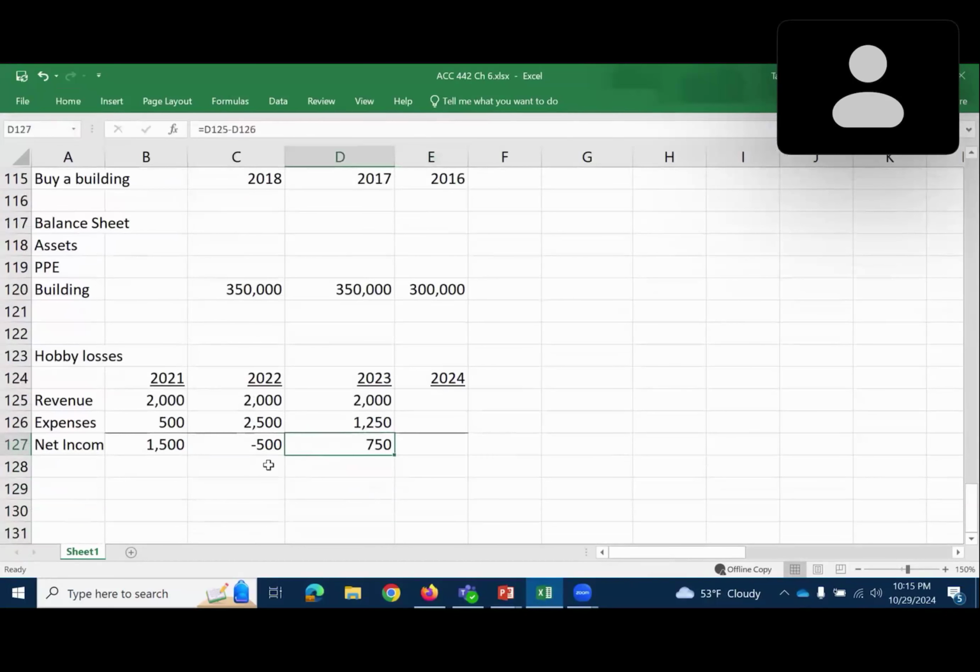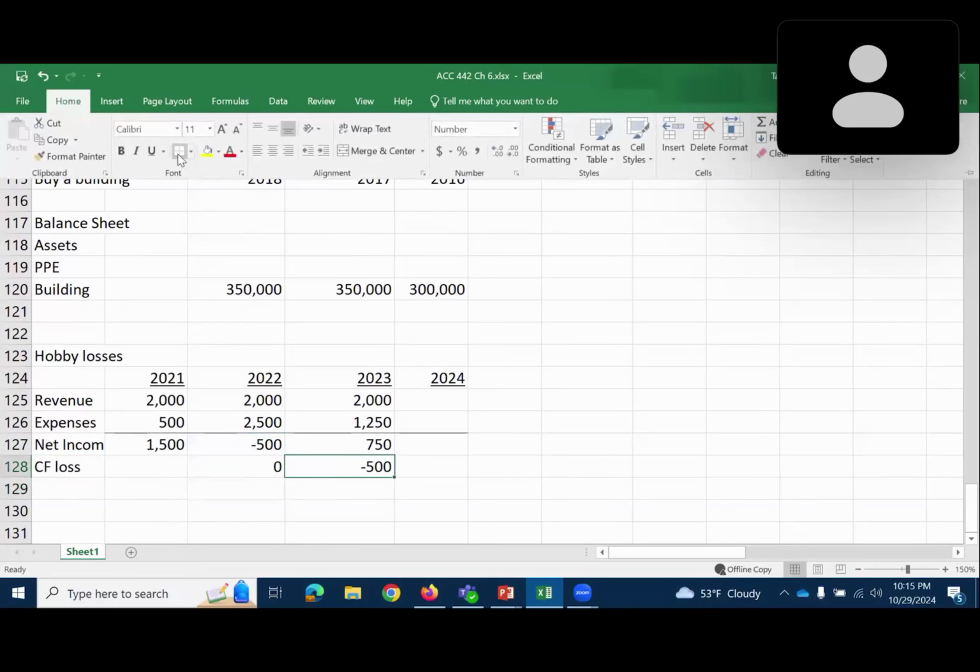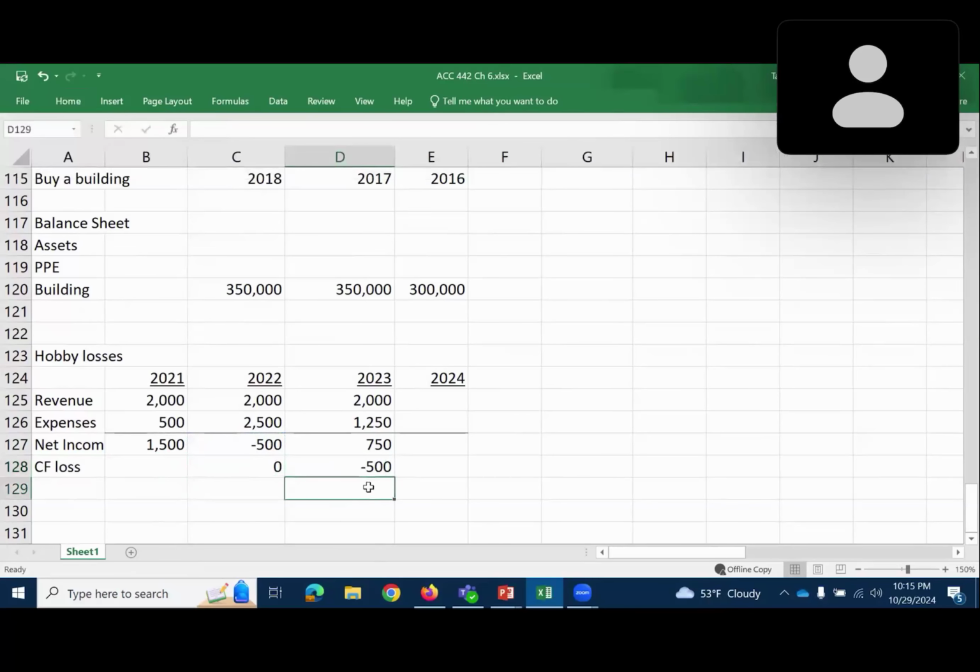Well, I am allowed to carry forward the loss. So it equals the 500. Now I have 0. I don't have to pay taxes on 750.